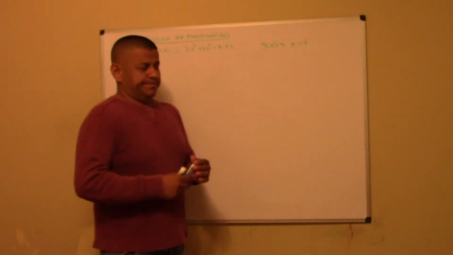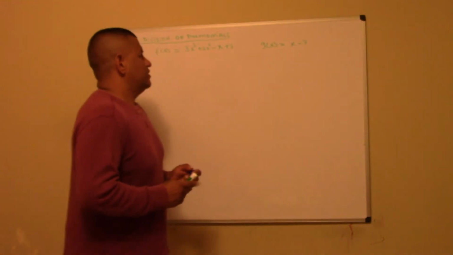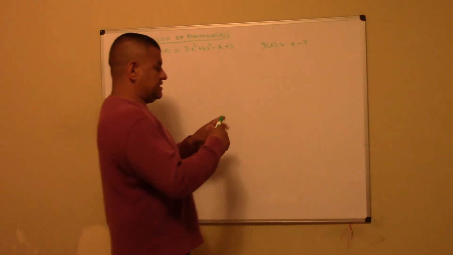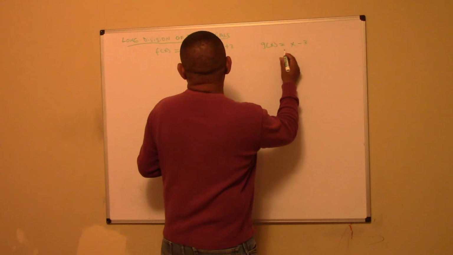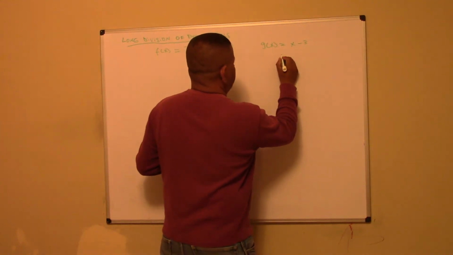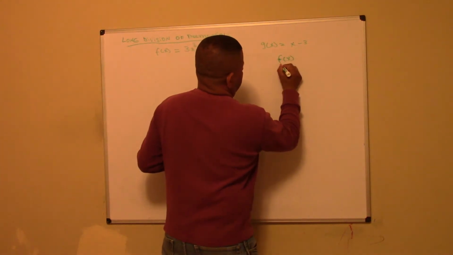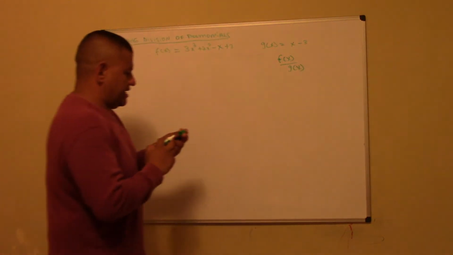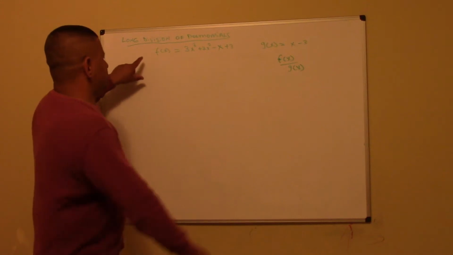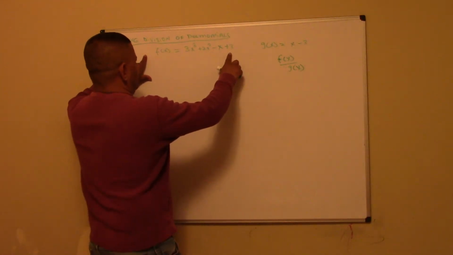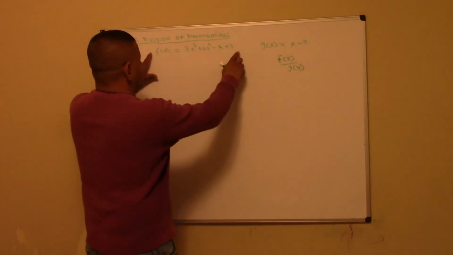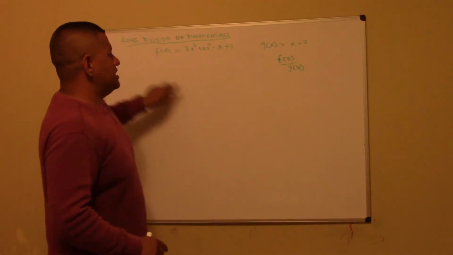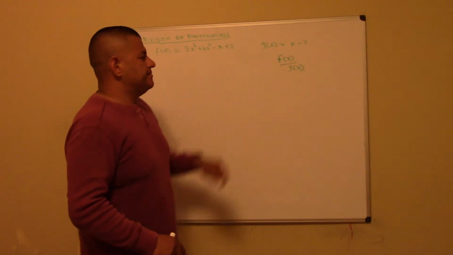We are using the long division method, which is basically doing f of x divided by g of x. This is the expression given. We're dividing this expression by this expression, where this is f of x and this is g of x.